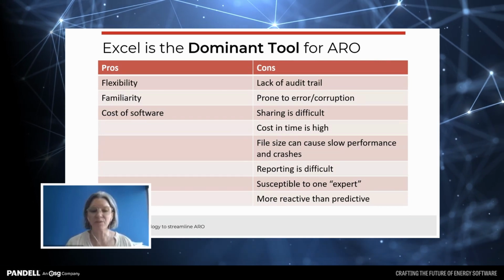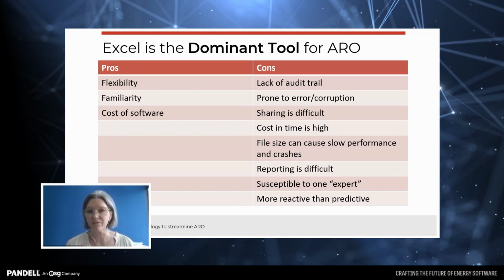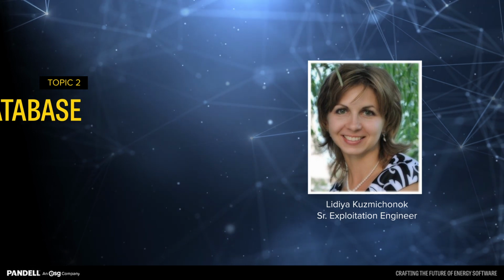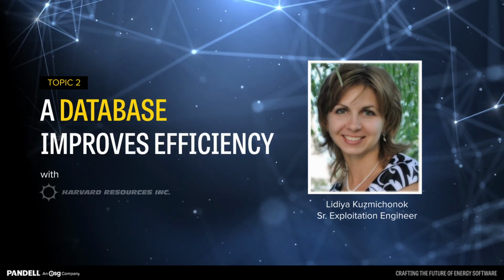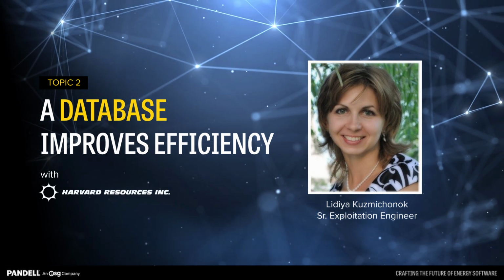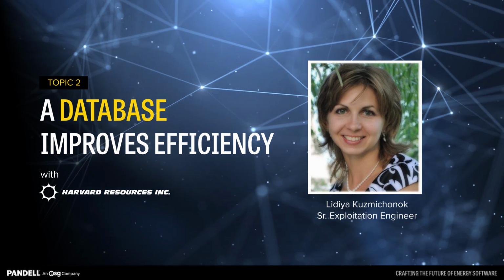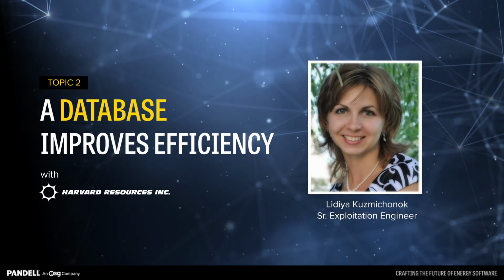Have you found this to be true? Did you find that moving from a spreadsheet to a database did improve the efficiency of your organization? Oh, yes, absolutely. It has significantly simplified managing ARO needs for us, especially as our asset database continued to grow. It has significantly reduced time spent updating data.